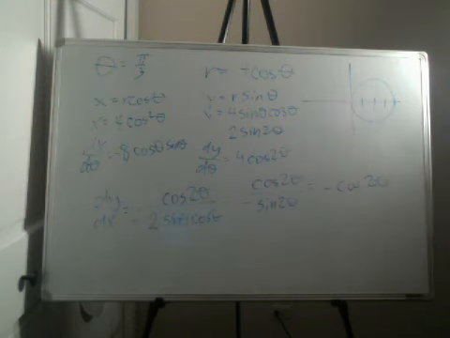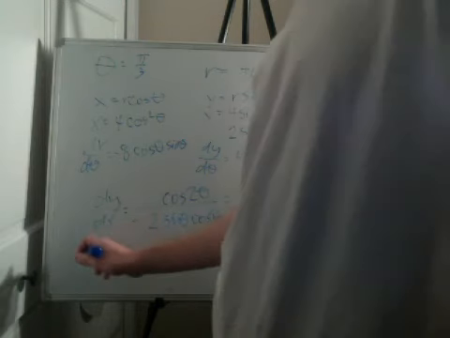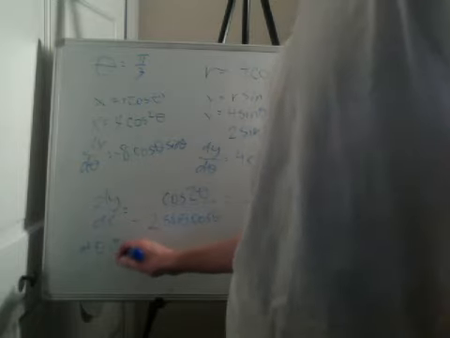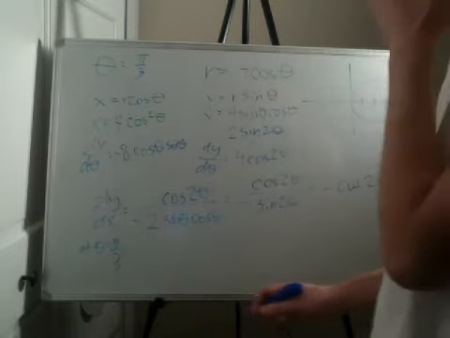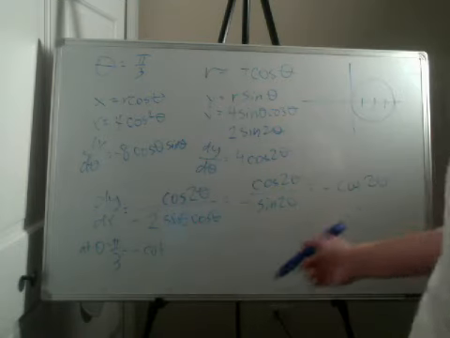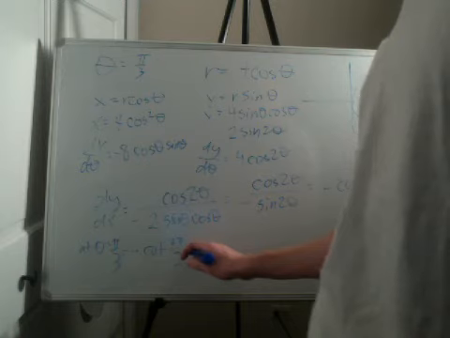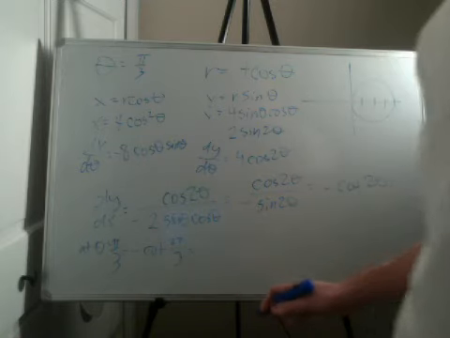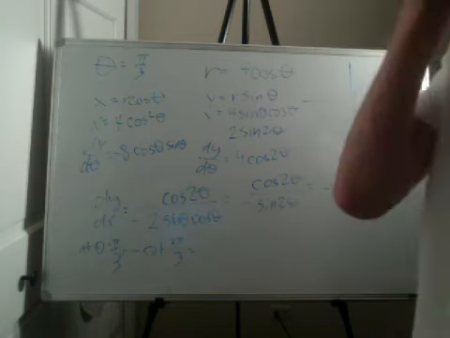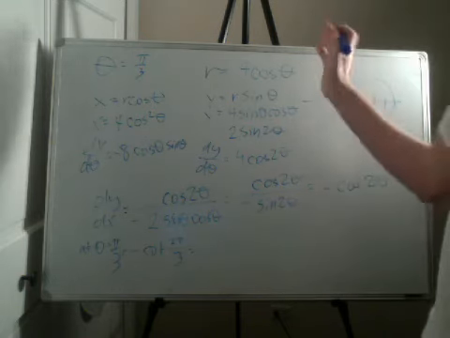Now what we're going to do is plug in this value to get what the slope is going to be at that point. So at theta equals pi over 3, negative cotangent of 2 theta, so it would be 2 pi over 3, which equals, one second, so 2 pi over 3 is right here.